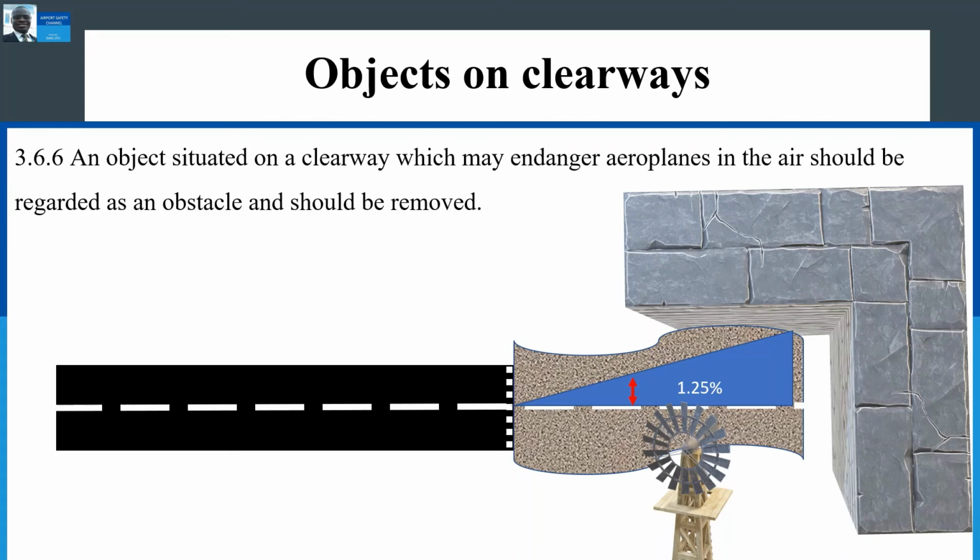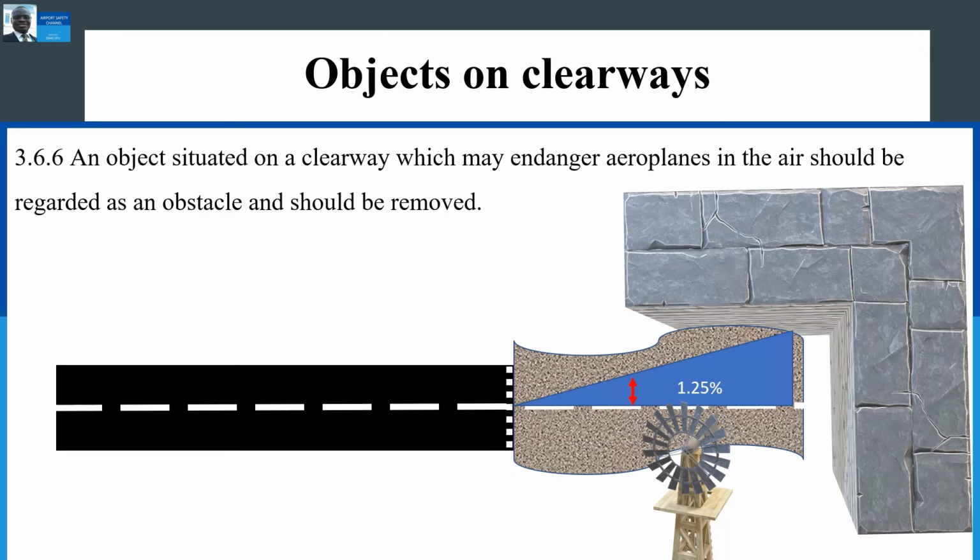What this means is that if there's an object in the Clearway, that object should be at a low height. It should not be too dense. That object should be frangible because aircraft take off above the Clearway. And if that object has an impact on the aircraft, that object should give way and allow the aircraft to move safely without negatively affecting its performance.